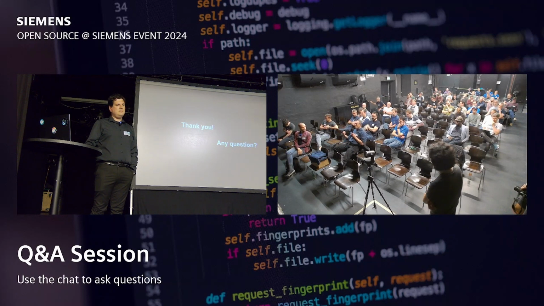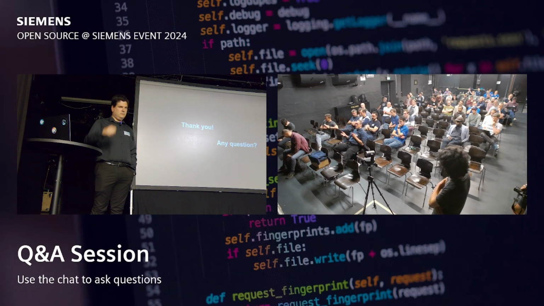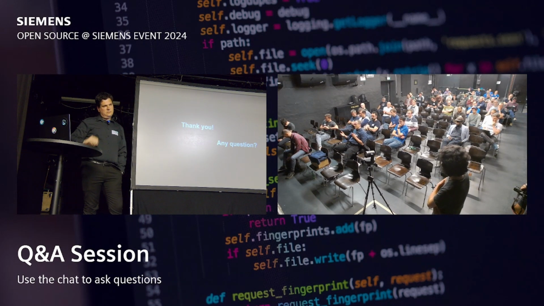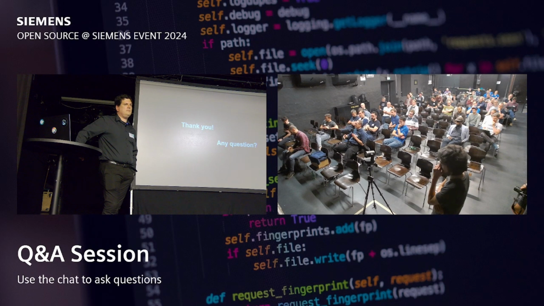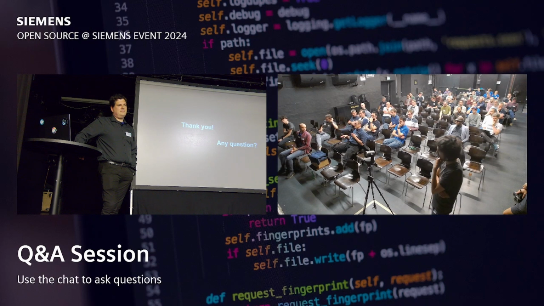The second thing, more related to Siemens, is that we need to have SBOMs when we incorporate commercial or, let's say, open source software into our products. Up to date, I've never seen a useful SBOM from any of our vendors. So my question is, who's taking care of this?